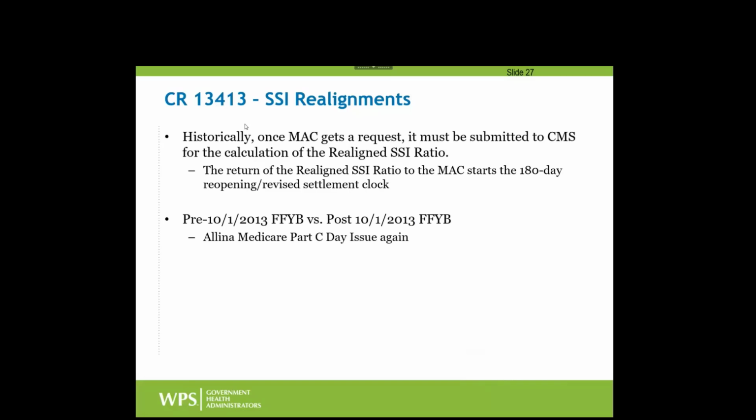You submit a request to us, we send it off to CMS, and we have to wait for them to give us the SSI ratio. I don't know if they're going to be using this same spreadsheet idea for the newer ones or not, but right now there's no other CR. So there's a split between the two periods, before 10/1/13, after 10/1/13.